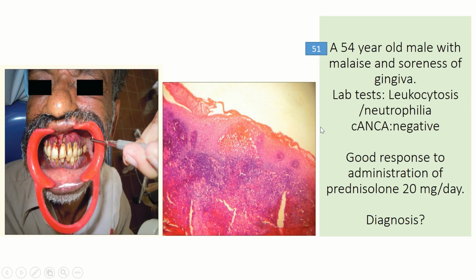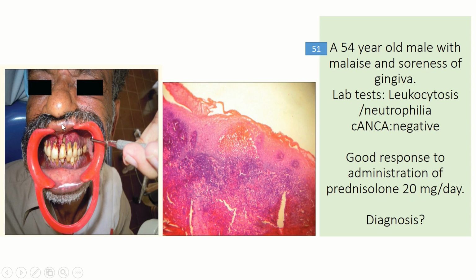As you know, among ANCAs, the C-ANCA is more commonly positive in patients with Wegener, but the absence of this finding could not rule out the diagnosis of Wegener.